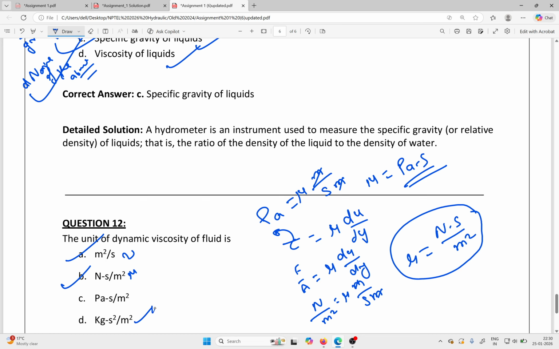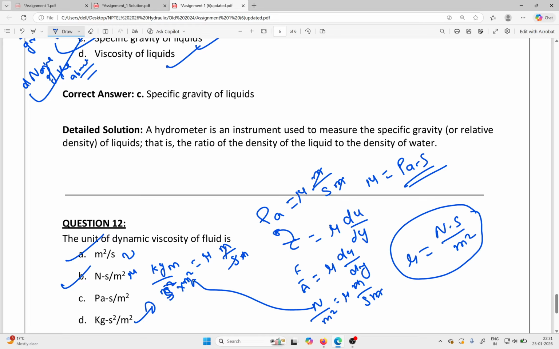Let me just check whether this is correct. Newton is kg into meter per second square. Divided by meter square is equal to mu times meter per second per meter.